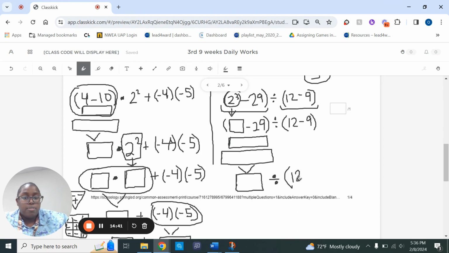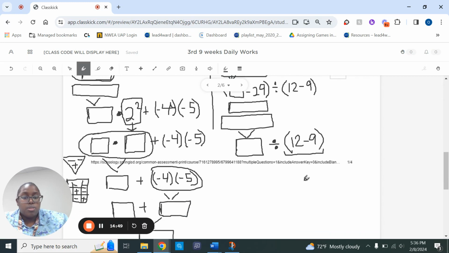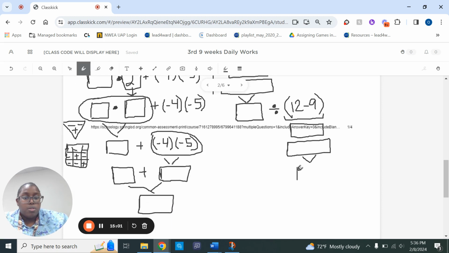Then we have the other parentheses. So now we got to solve this one. This one, you also have to apply the rule and then rewrite and then solve, which will give you your number.